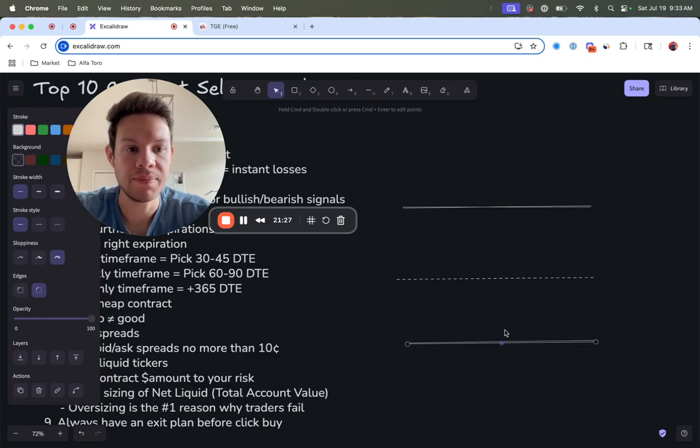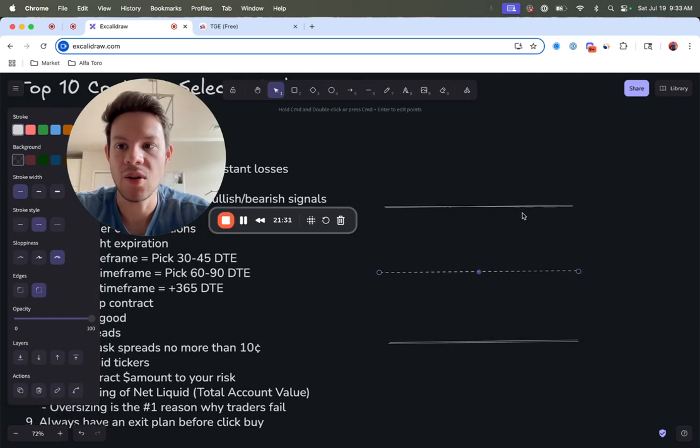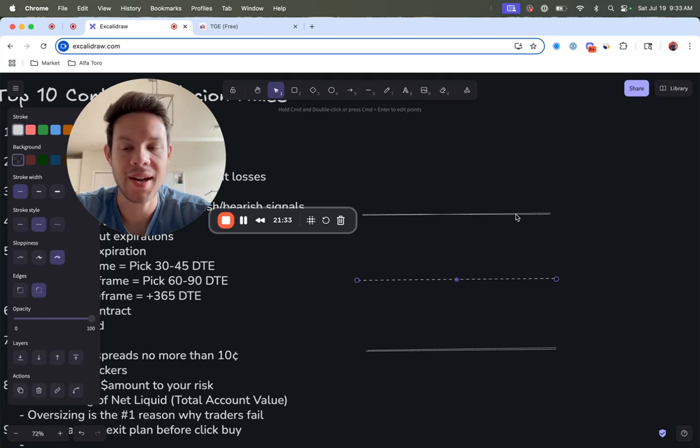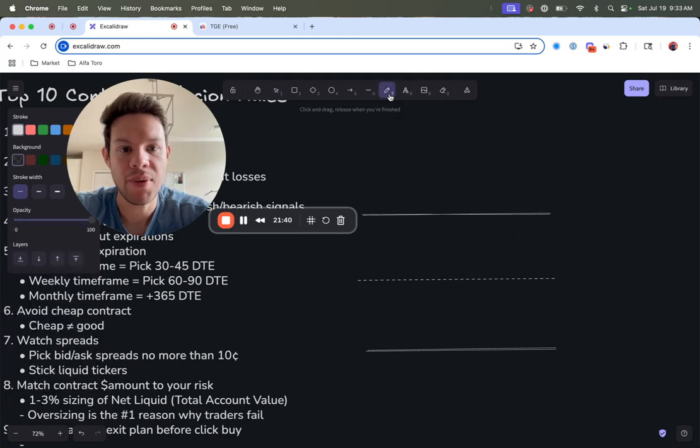This is the range. Whatever you conclude in your thesis, you should always aim for this target, and then that's it. You should be practically out of your position here. If the price goes up, this is where you take the majority of profit, or if it's going down and you're betting down, this is where you can take the profit.